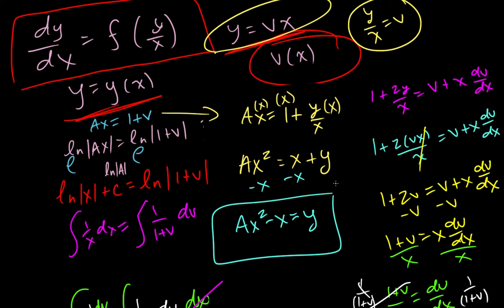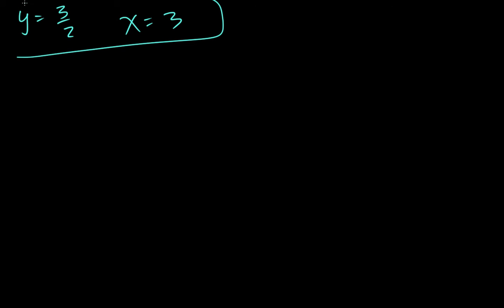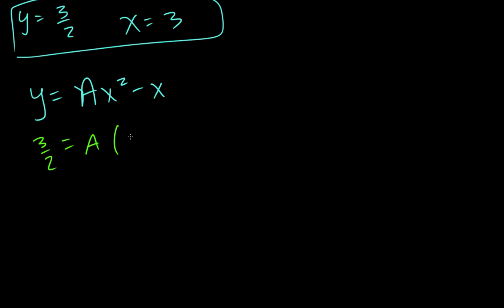Okay, part B. Substituting y equals 3 halves and x equals 3. Find the particular solution for these two values. Okay, so if we have our y equals ax squared minus x, and we plug these values in, we can solve for a. 3 squared is 9.